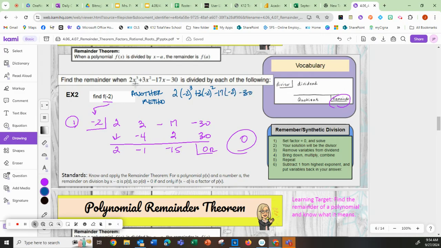So if I just take f of negative 2, whatever number is in the parentheses, and I plug it in using parentheses in my calculator, I'm going to get this answer. Honestly, that's a personal opinion, but both methods are going to take about the same amount of time.